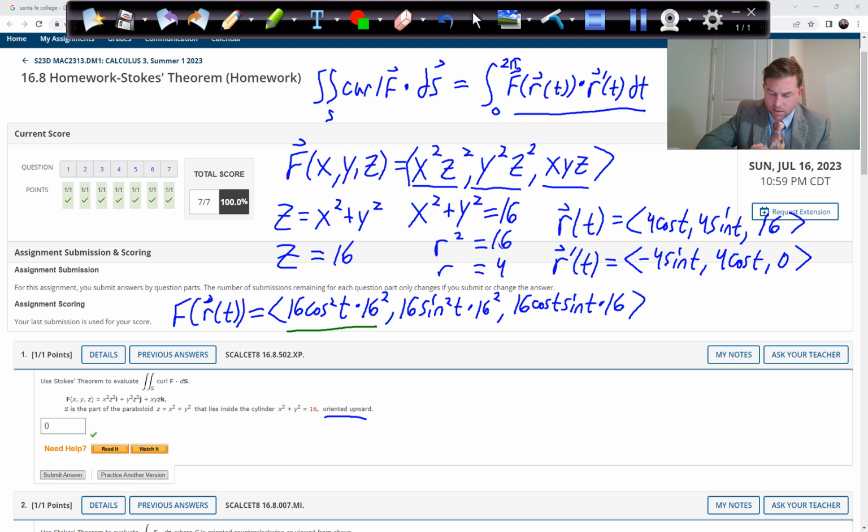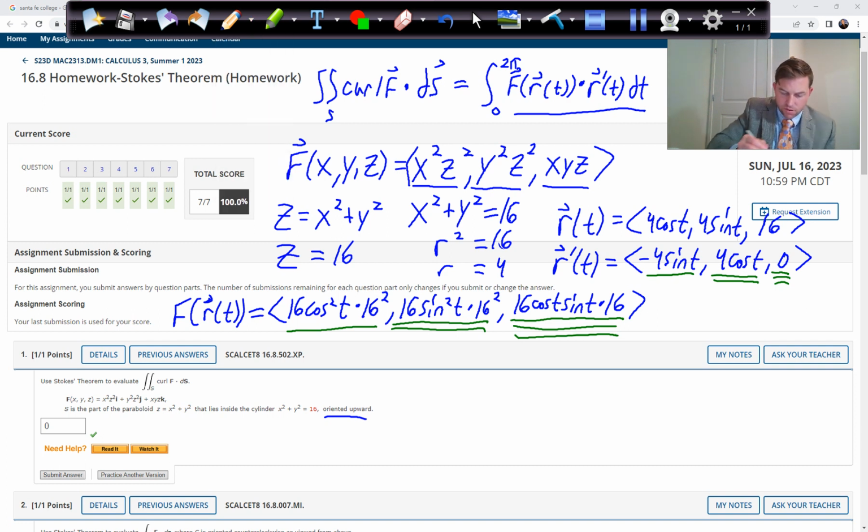Yeah, 4,096. We're going to take this first one times this first one, the second times the second, and the third times the third, and add them all together. Luckily the third one is times 0, so that completely goes away.